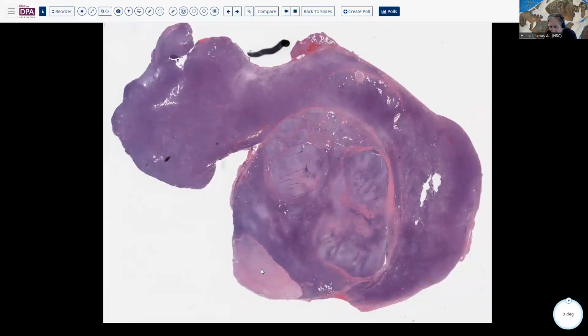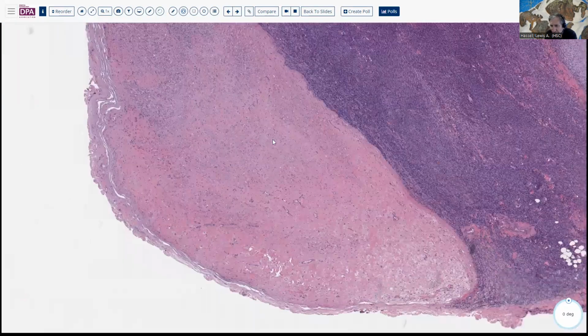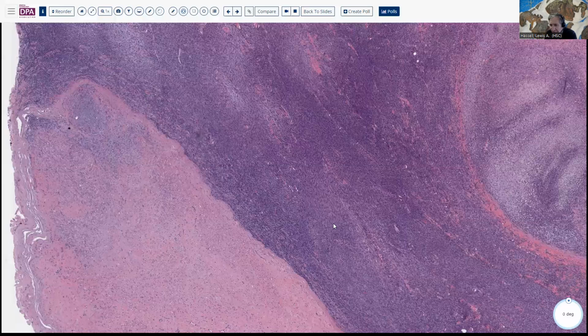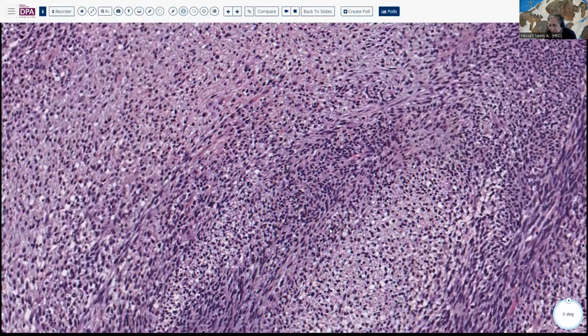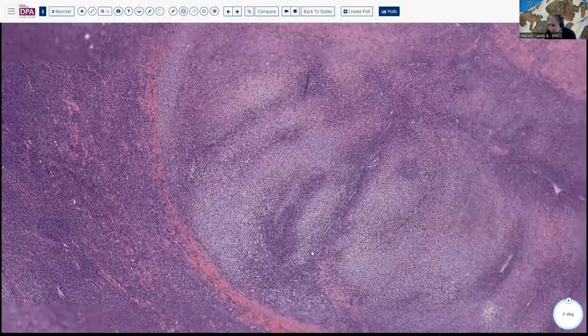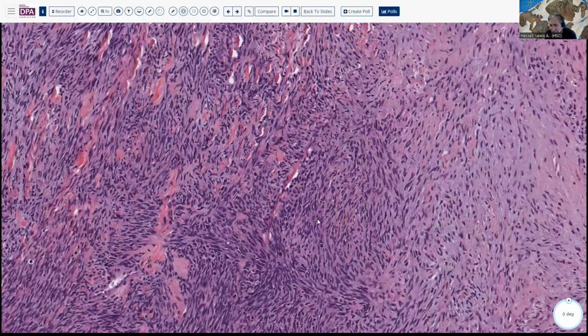Here's another example where we have probably the underlying neurofibroma here, and then this very highly cellular proliferation of spindle-shaped cells, so this just gives you an example of the spectrum of this disease that you can consider.